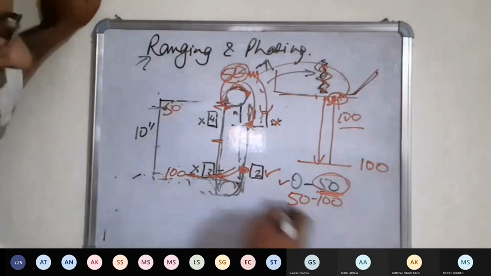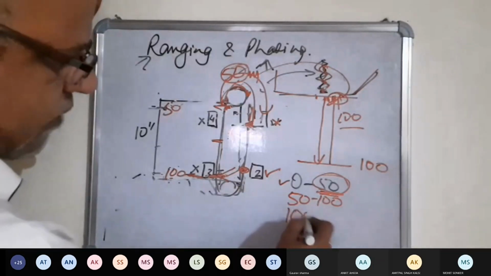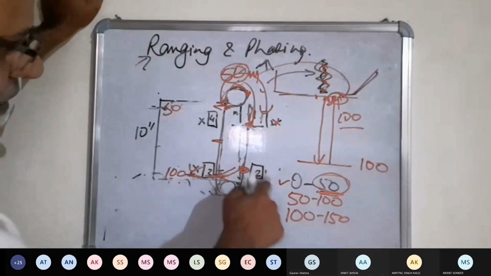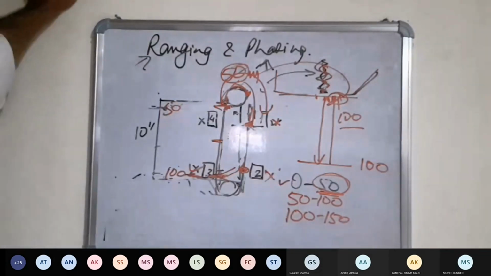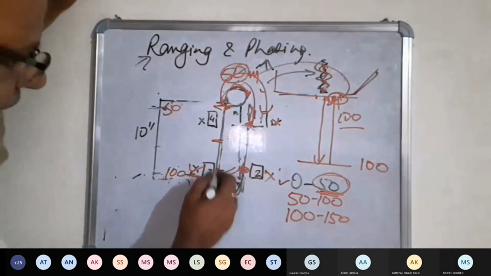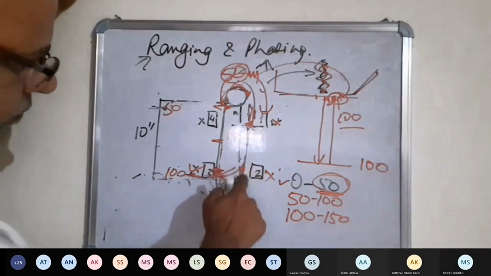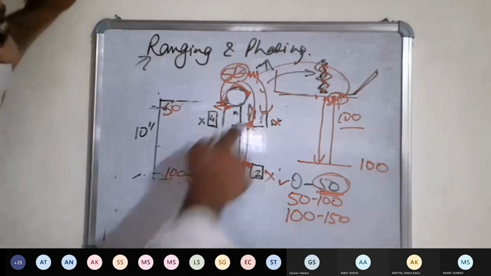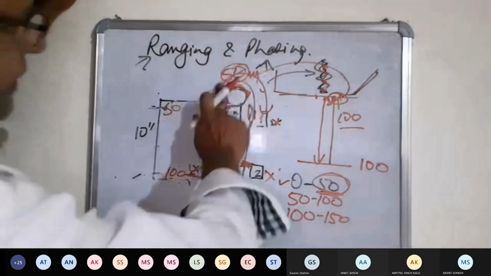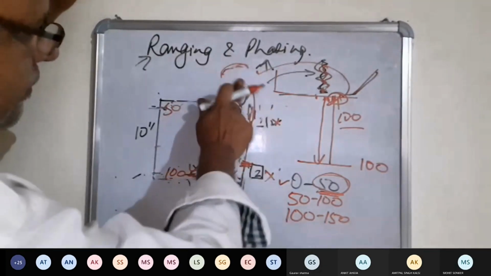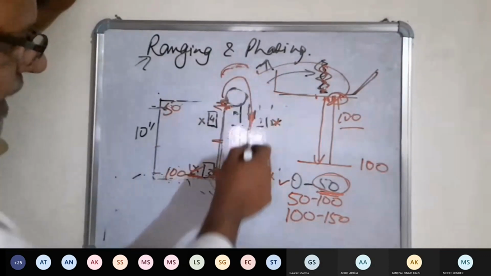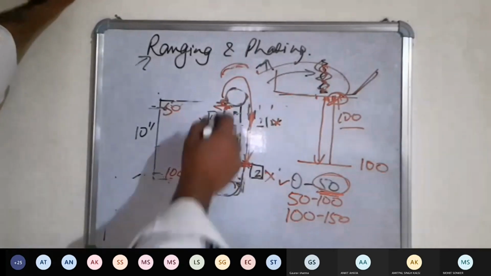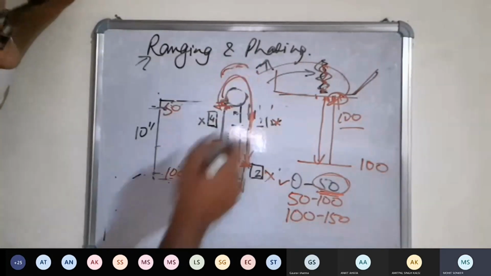When range 3 is selected, same way, this is in action, this is out of circuit. अब जब मैग्नेट यहां पे होगी तो स्टाइलस कहीं यहां पे होगा, स्टाइलस कितना पीछे होगा यहां से? 0 पॉइंट से कितना पीछे होगा? 100, sir.